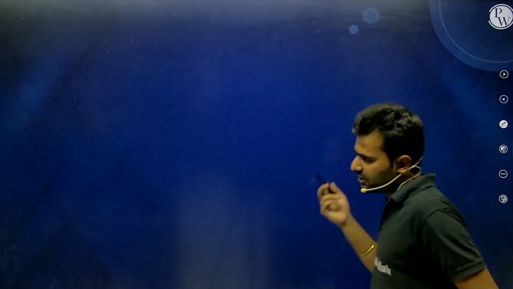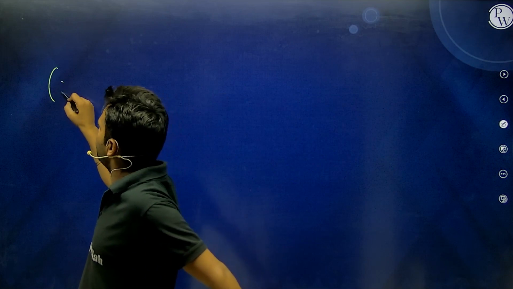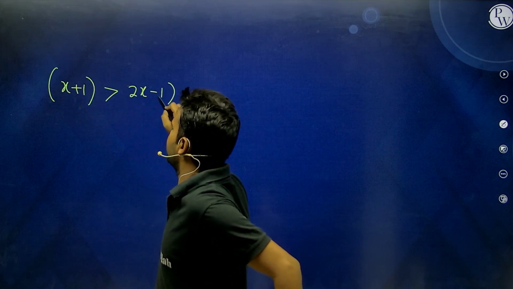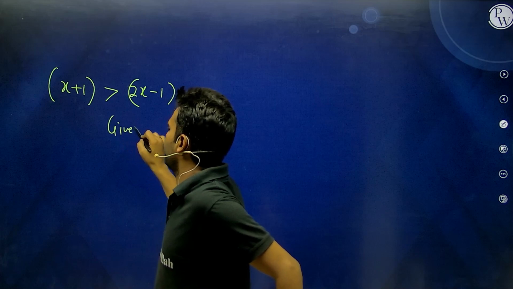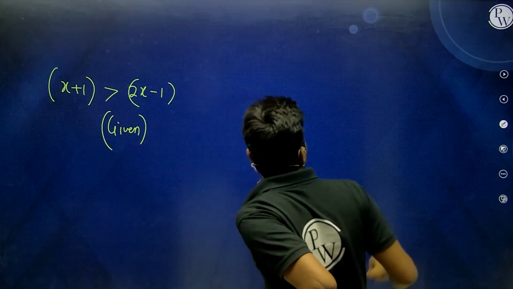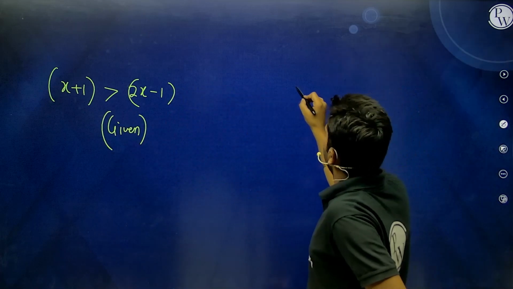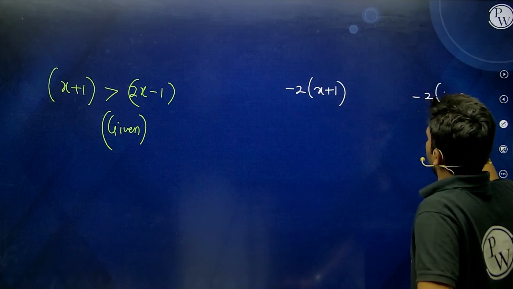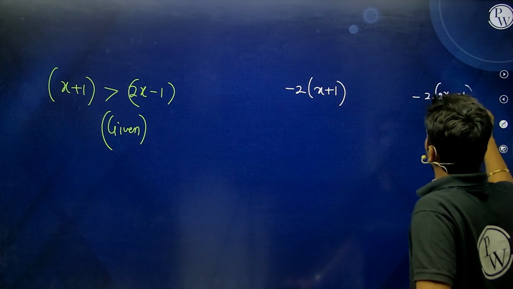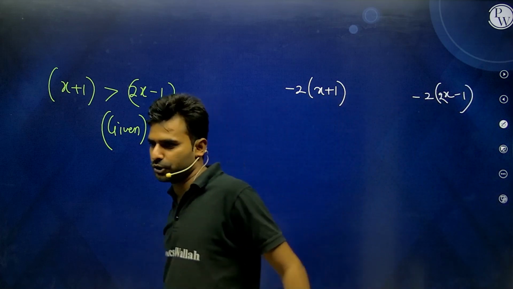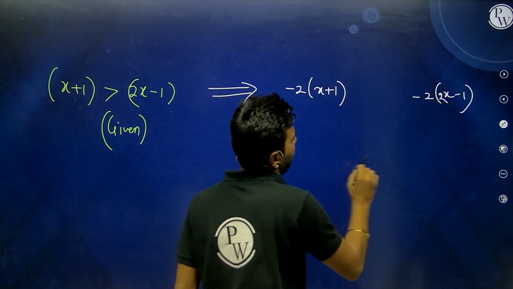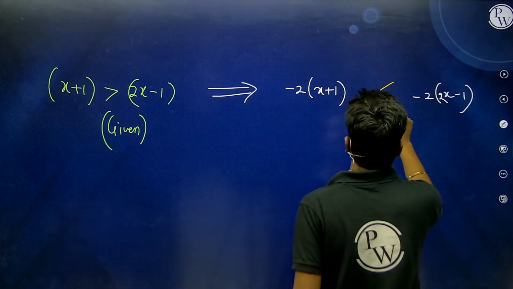Like, let's say this is given to me: (x plus 1) times (x plus 1) is greater than 2x minus 1. And I want to know what is the relation between these two terms now. Say I have multiplied both the sides by minus 2. The sign of inequality is going to change or it will remain the same? The sign of inequality is going to change.